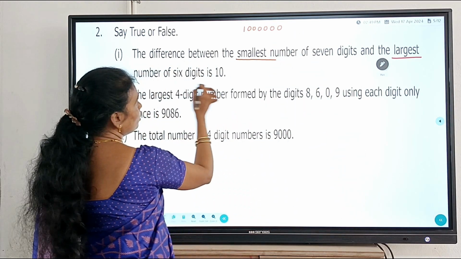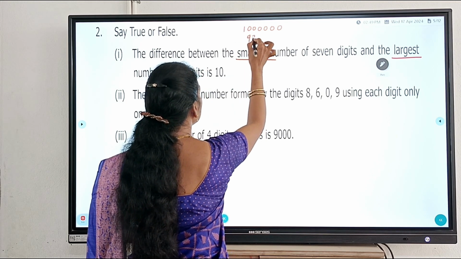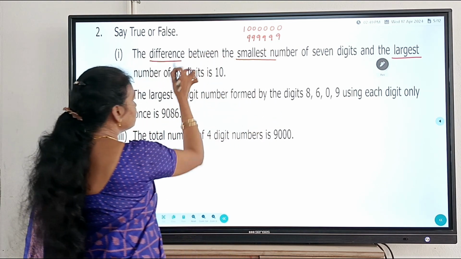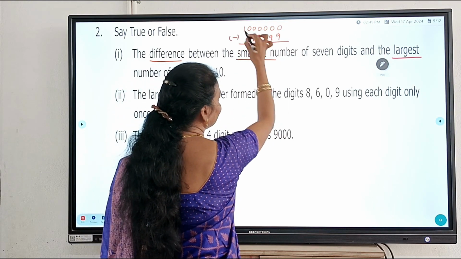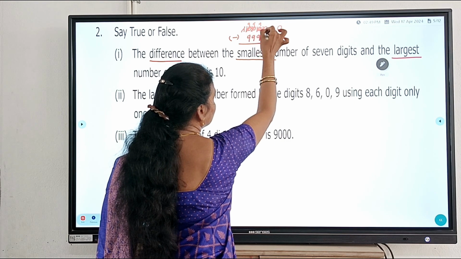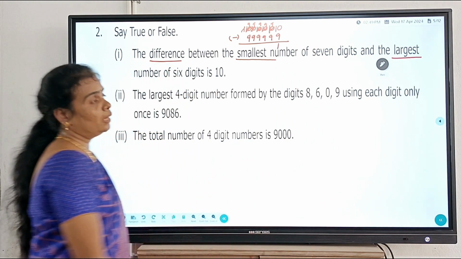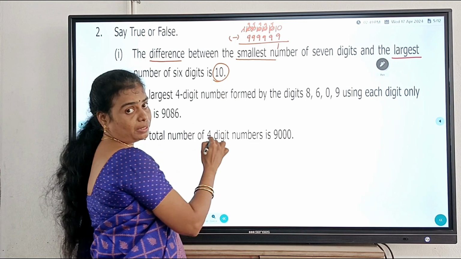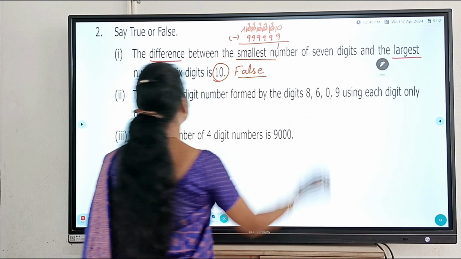And the largest number of 6 digits, largest means you must get 9 in your mind, so 9, 9, 9, 9, 9, 9. Is this statement right? No, it is wrong. So hence you can write false here.